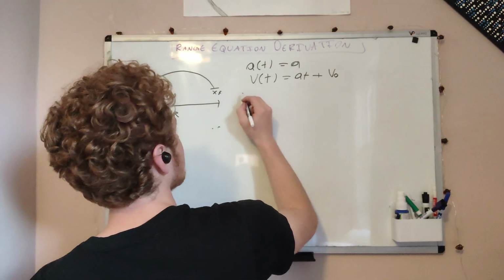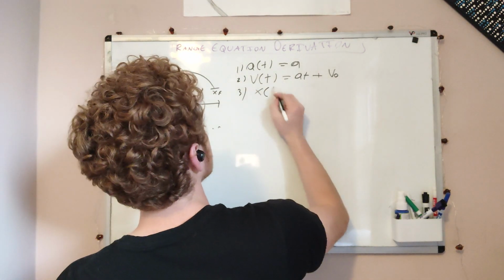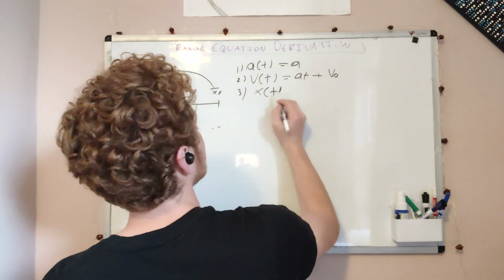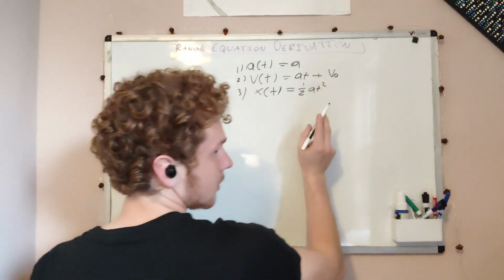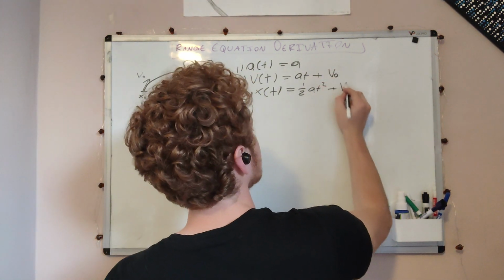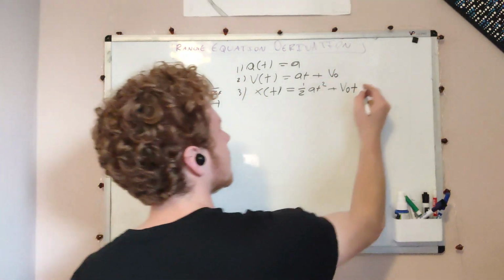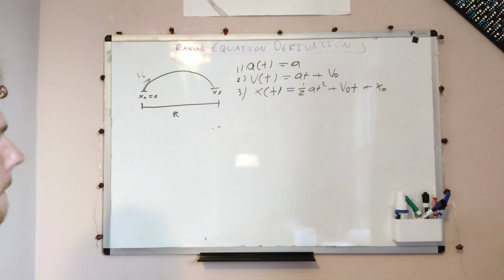Yet we also found the x position as a function of time is 1/2 a t squared. I think I forgot the a last time. Anyway, plus v naught t plus that initial position. Okay, that's all good and all.